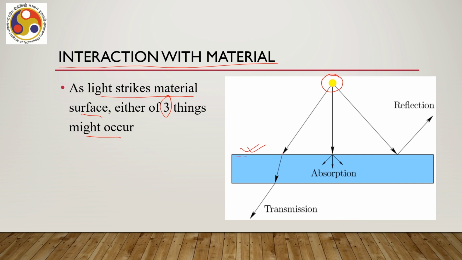So, once the light falls on the surface, multiple rays are falling on the surface. Some part of the light rays passes through the material as shown in this ray. So, as you can see, it passes through the material and goes out of the material. So, this is called transmission, light transmission.